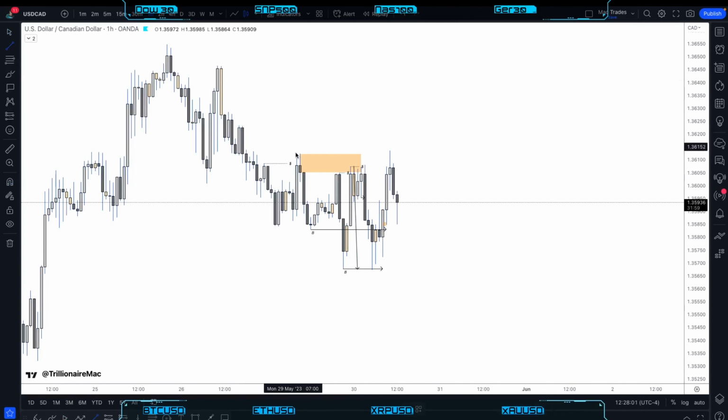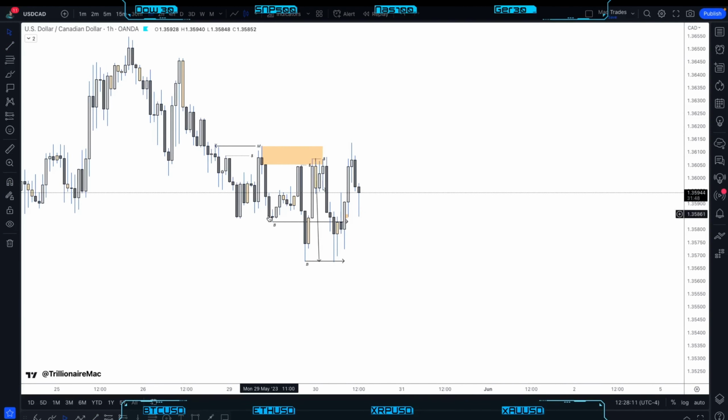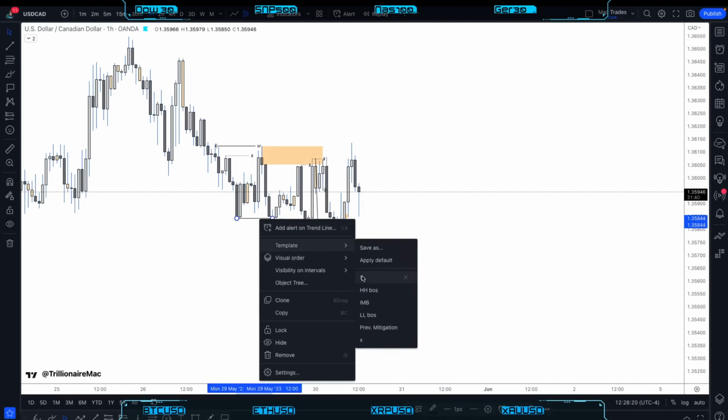Now, we can see from this area here, we do have a mitigation of this region. Then we had a move to the downside, where we didn't necessarily see a candlestick body break structure, but we did see a wick.